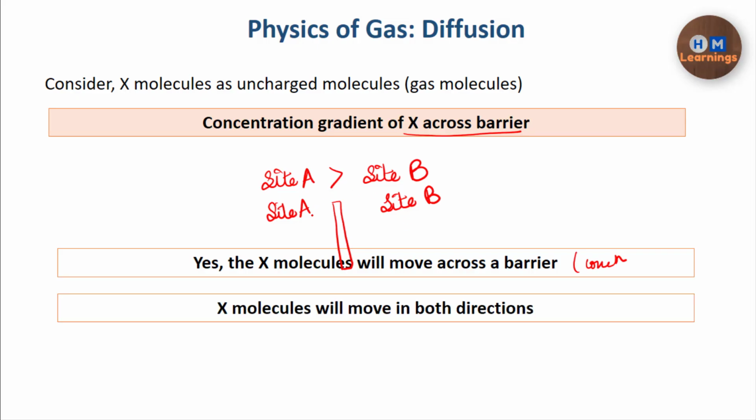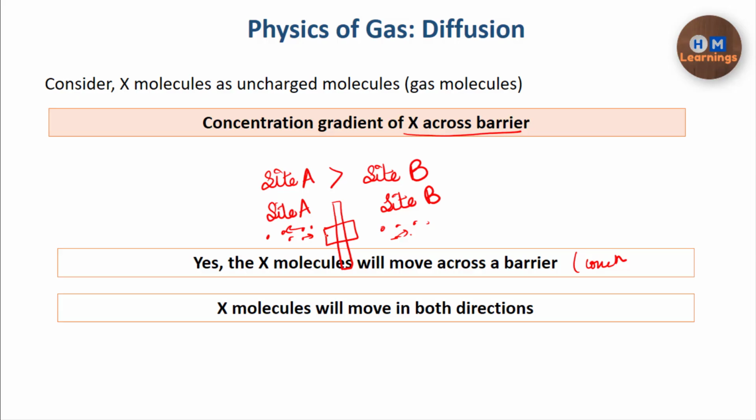How will they move? They will move in both directions. Even though the X molecules are more on site A as compared to site B, the X molecules will still move in both directions, as I said previously, because the molecules on both sides are in random motion.